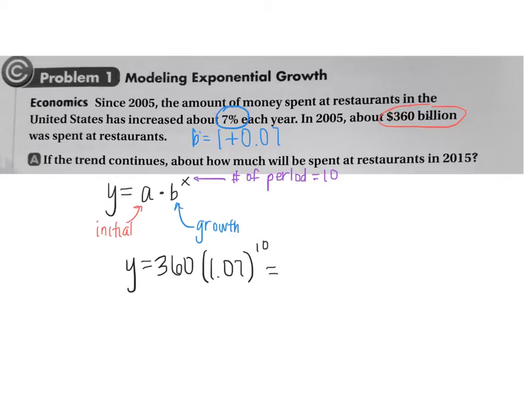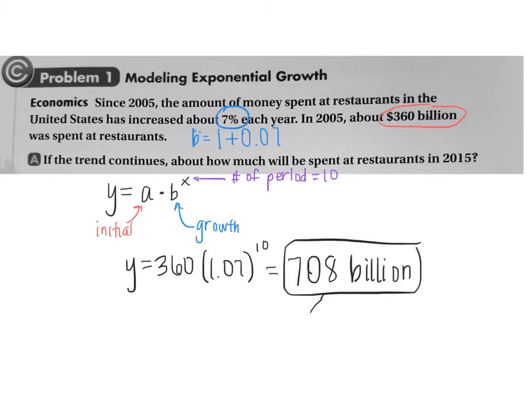And I got about, because it was a decimal, 708 billion. And of course, if it says growth, it's got to be bigger than the number you started with. So if you didn't get something bigger, it's not right.